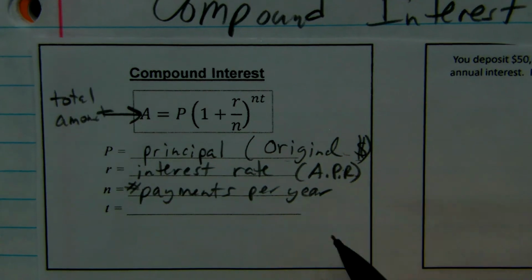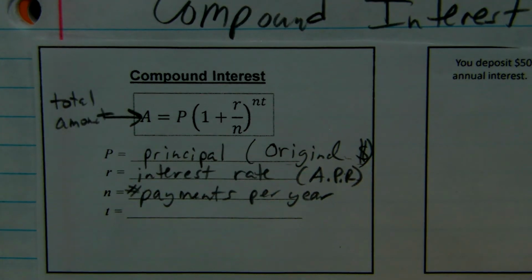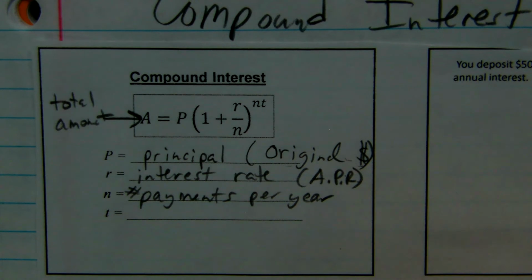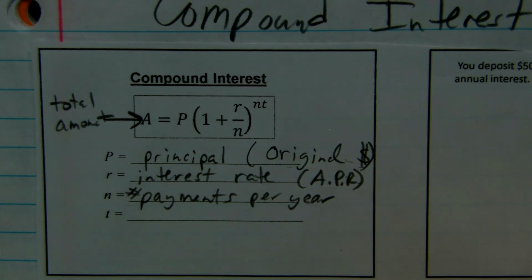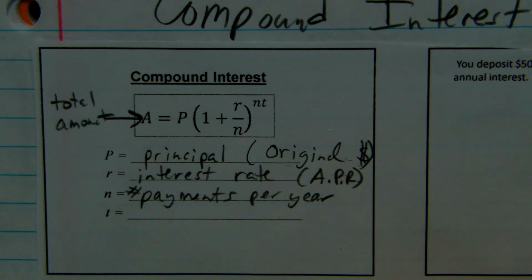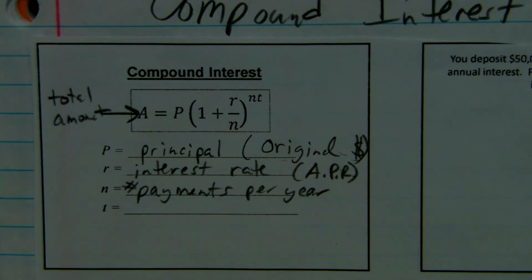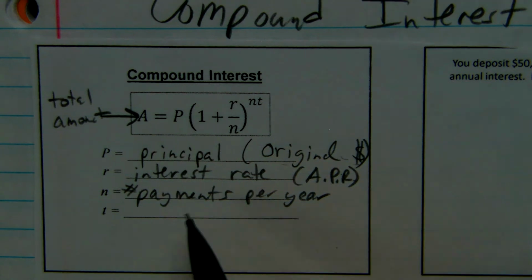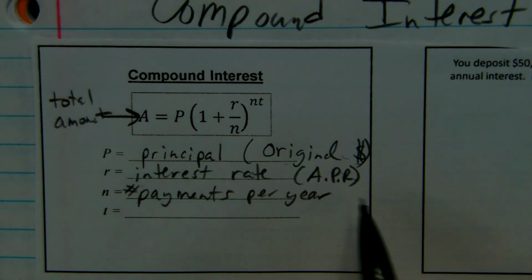So if you're paying monthly, that's 12. If you're paying annually, that's 1, which you wouldn't need compound interest then. Well, I guess you could, because you could do several years at once with it. If you're paying quarterly, how many payments would that be? 4, because it's 4 quarters. Semi-annually, 2. So there's all these words that'll come up, and you'll have to figure out the payments per year.